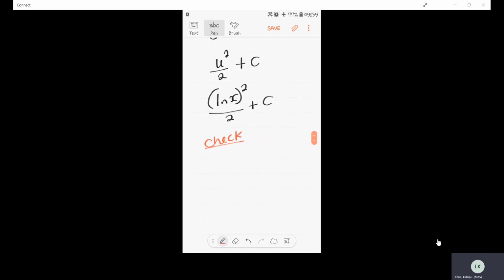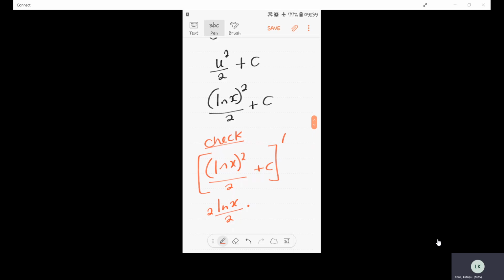You say find the derivative of ln of x squared over 2 plus c. So you differentiate this. The c, when you differentiate it, is going to be 0. So the 2 will come down, so you'll have 2 ln of x over 2.